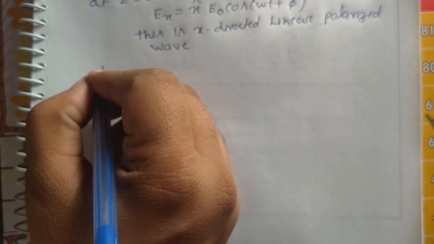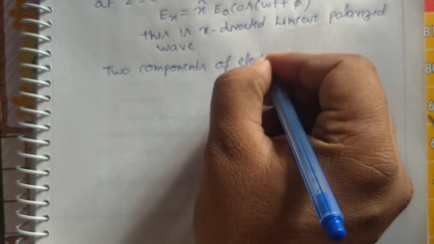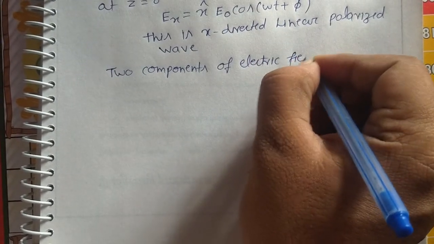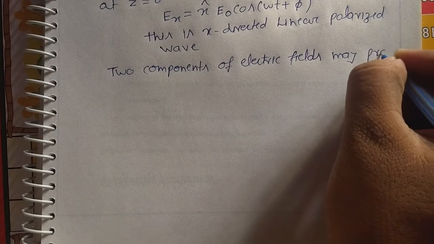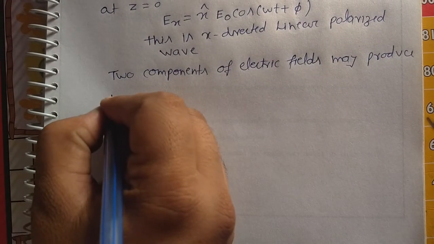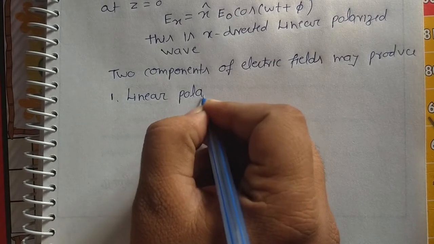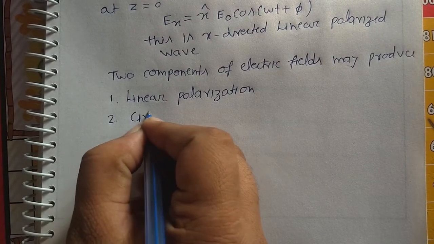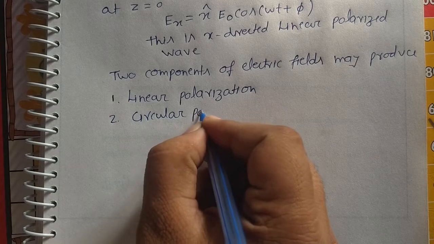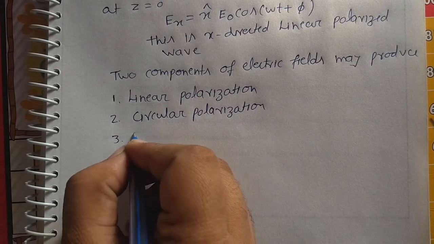Two components of electric fields may produce number 1, linear polarization, number 2, circular polarization, and number 3, elliptical polarization.